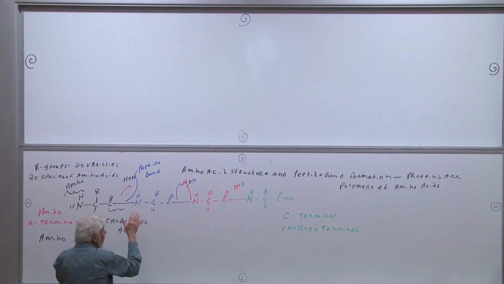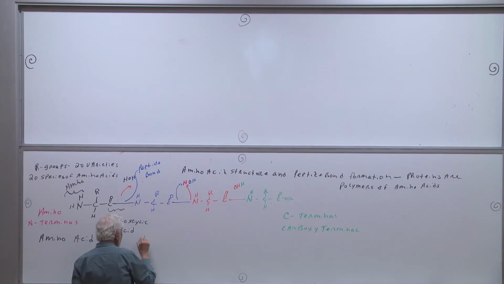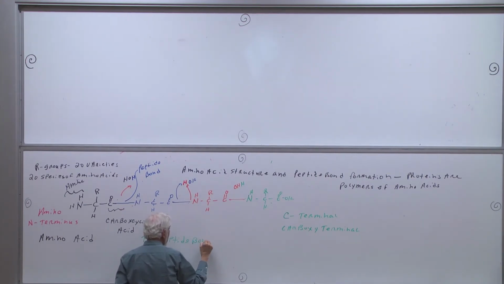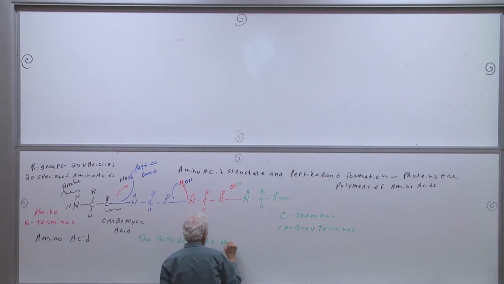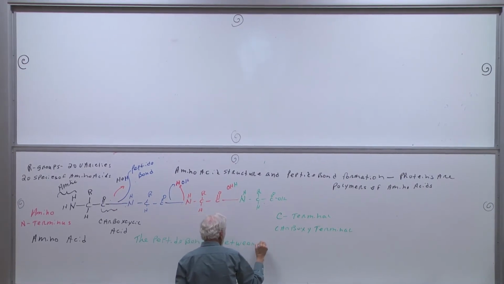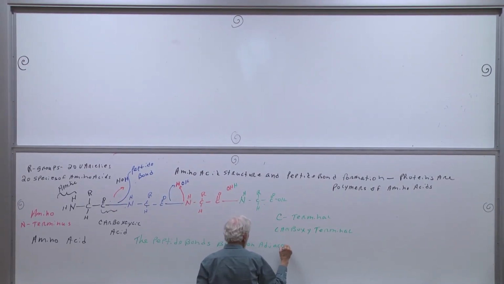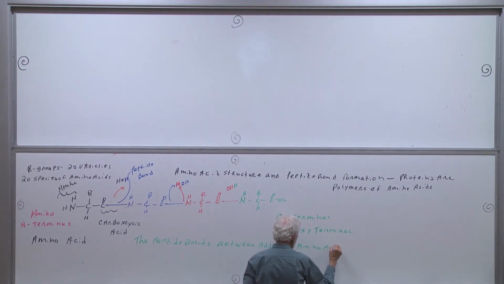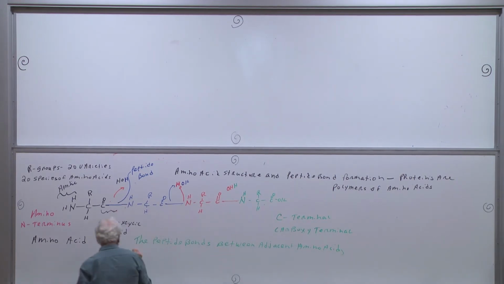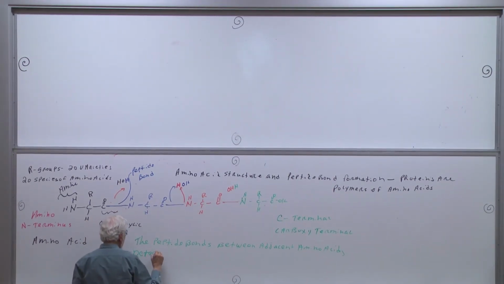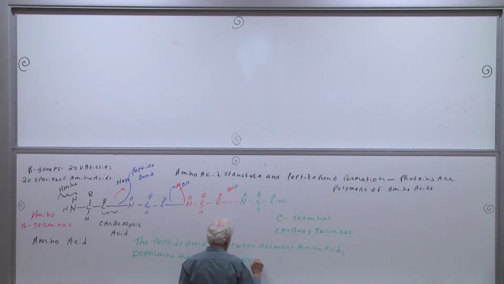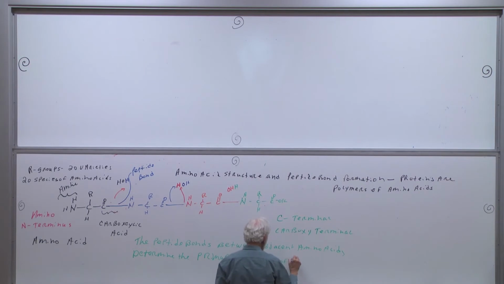The other major idea here that falls out from this is that the peptide bonds between adjacent amino acids determine the primary structure of the protein.